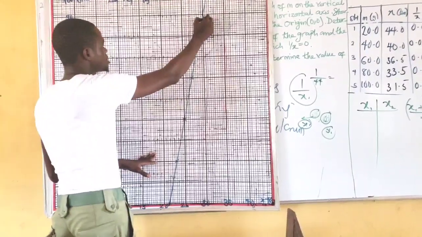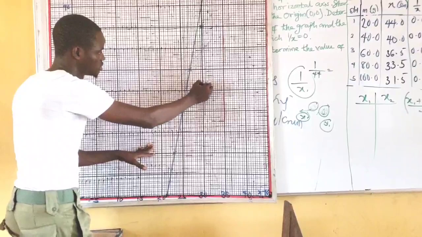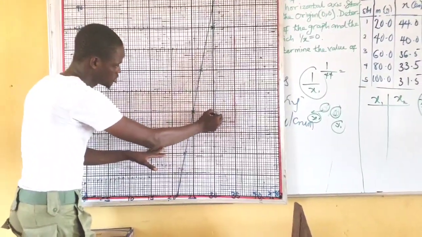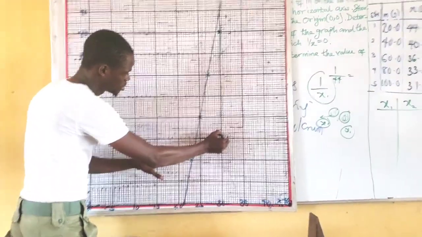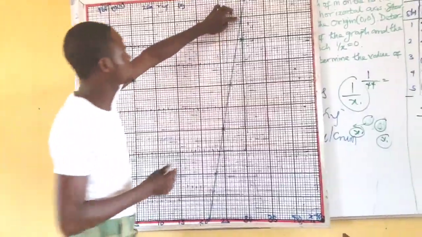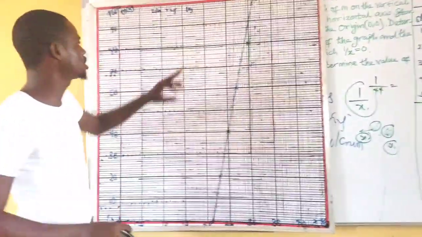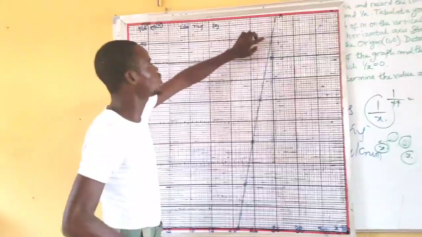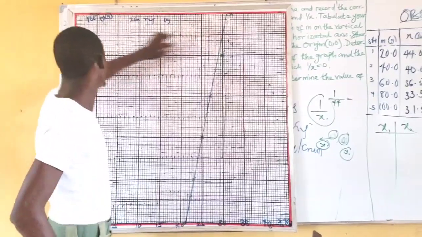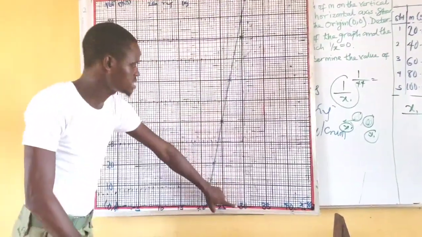Then bringing this downward to touch here. Now, here, whereby this is my point, I can find the coordinates of this point. What will be the coordinate of this point? The coordinate simply means what is the distance of this point from the y axis, and its distance from the x axis.